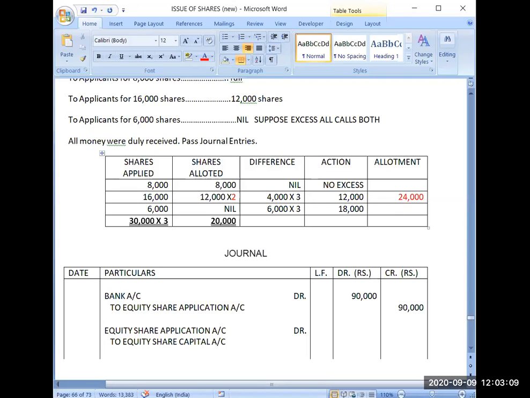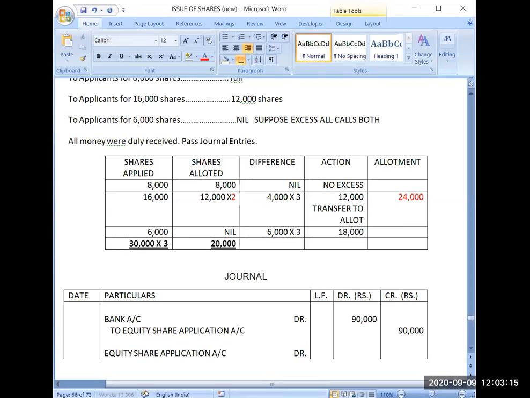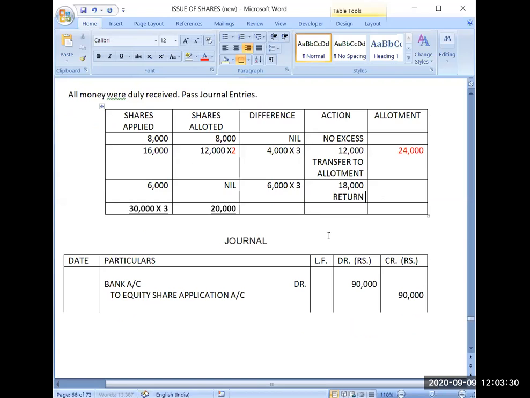The action here is transfer to allotment. And what to do with this 18,000? Return. Or you can say refund.